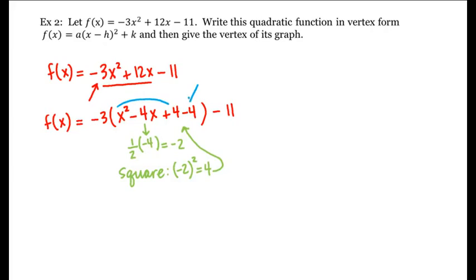However, we need to get this negative 4 out of the parentheses here. But in order to do that, we need to multiply it by this negative 3.